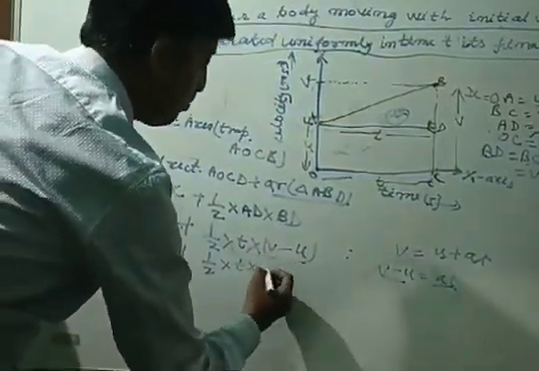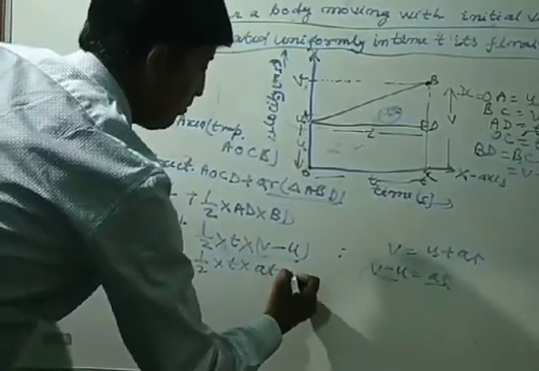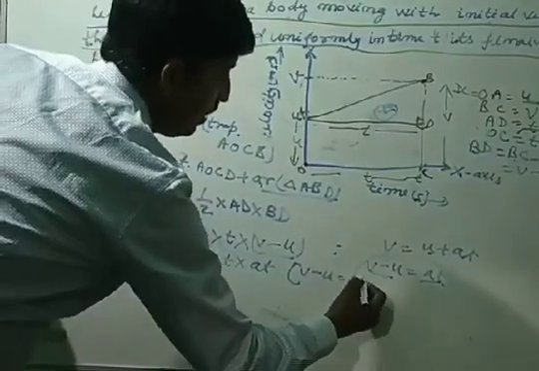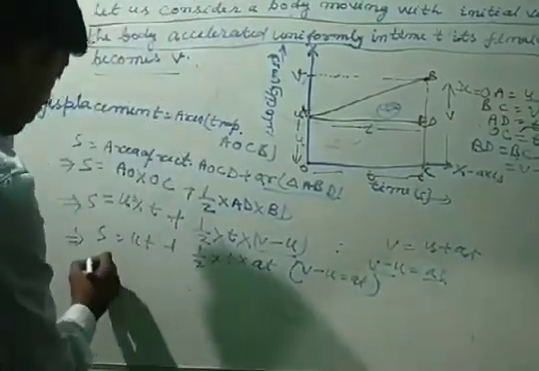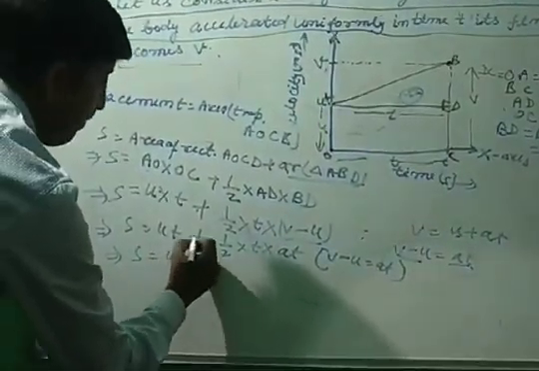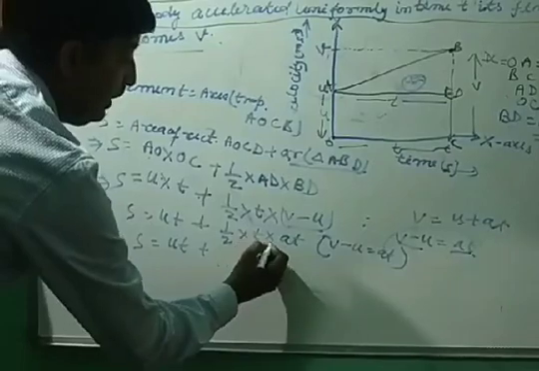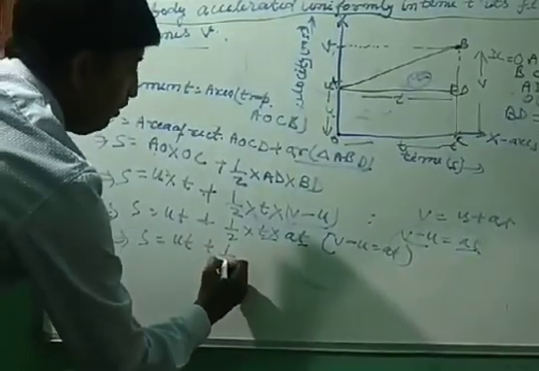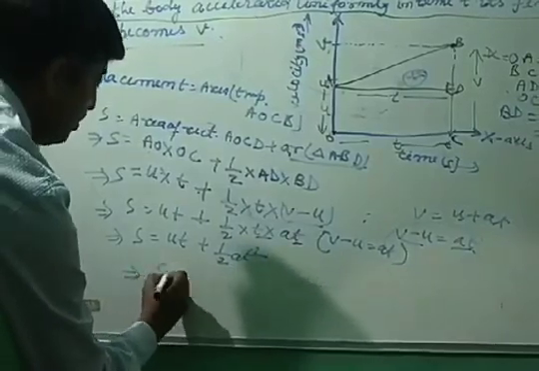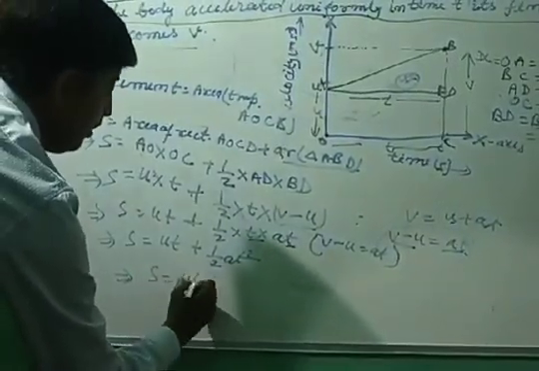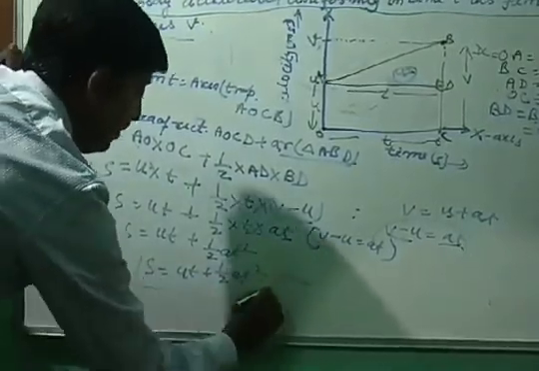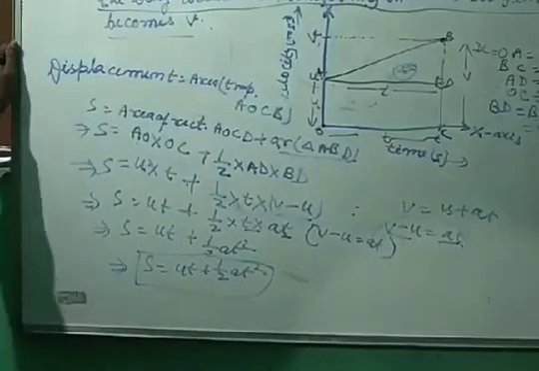So it becomes S is equal to UT plus half T into AT. T into AT becomes AT square. So this equation becomes S is equal to UT plus half AT square. This is the second equation of motion.